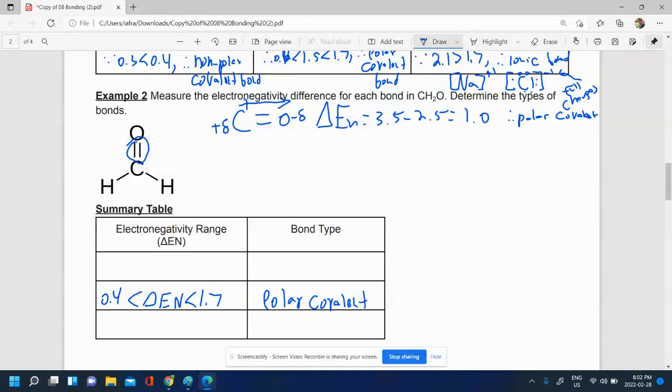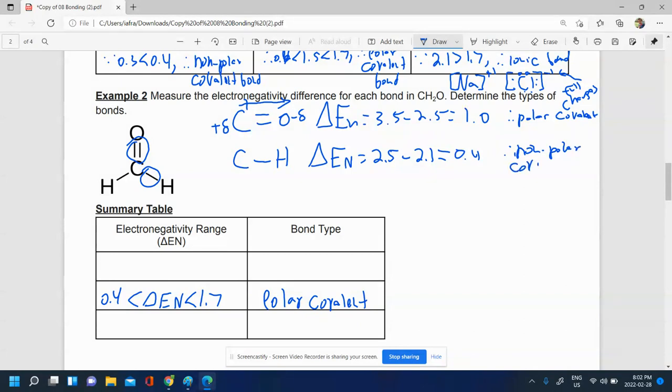Let's take a look at the other bond in here. There's a CH bond. The electronegativity difference is for carbon 2.5 minus 2.1 for hydrogen, that's 0.4. And as we saw, if you have 0.4 or less, then that's considered non-polar covalent.